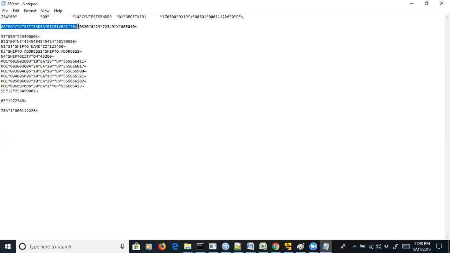The second envelope is your functional group envelope, where GS is your header and GE is your trailer.